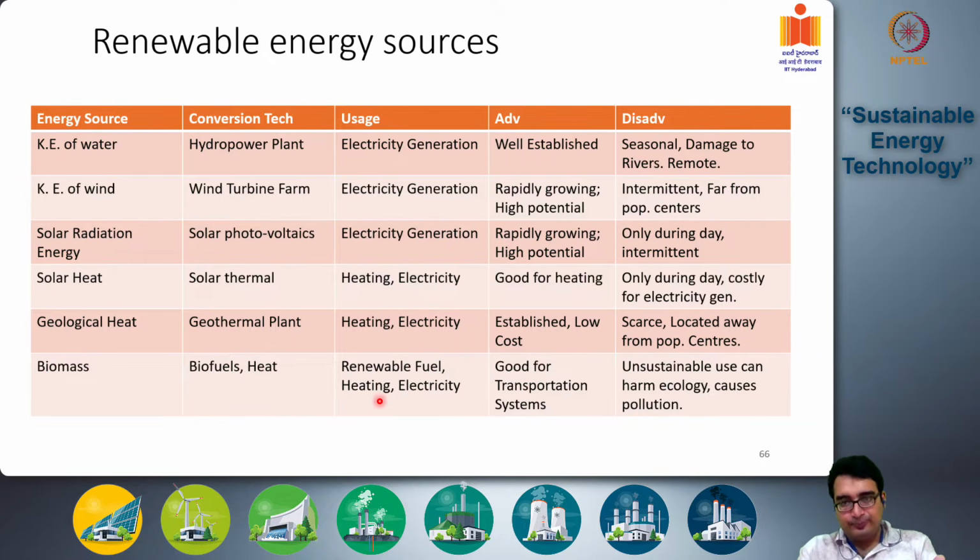heating and electricity. And one of the advantages is it can pair well with the existing combustion centric technologies. So a coal power plant can very well run with wood chips or sawdust, which is forest industry residue, or a car can run on gasoline substitute oils that have been generated from biomass.